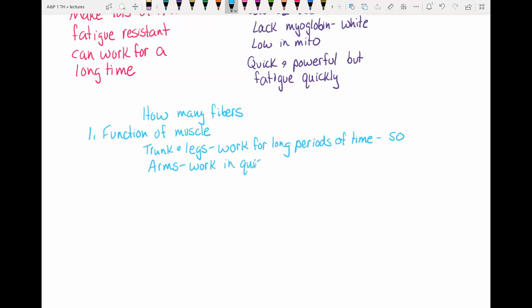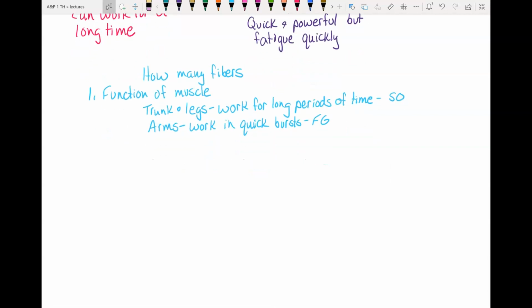And a lot of times when you're picking things up, it's heavy and you need a quick, powerful burst. So arms have a lot of fast glycolytic. So the function of the muscle is one factor in determining which type of fiber you have more of in that muscle. Genetics is another factor.